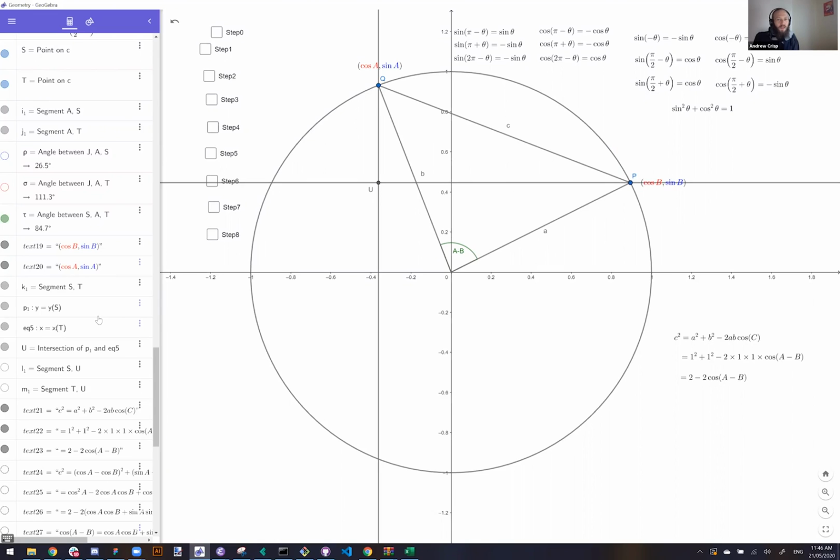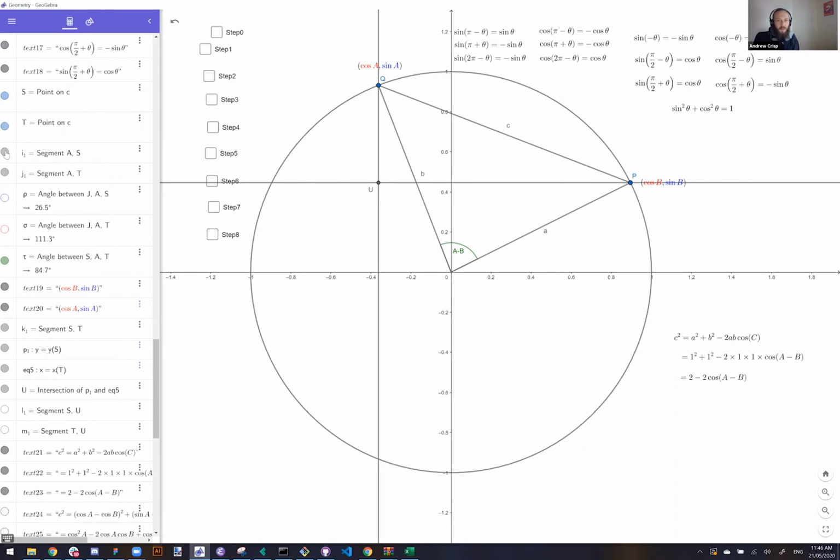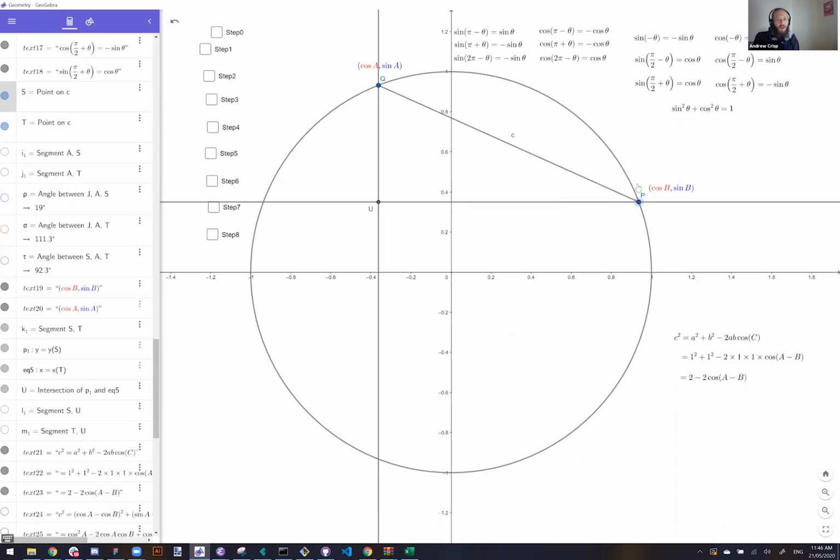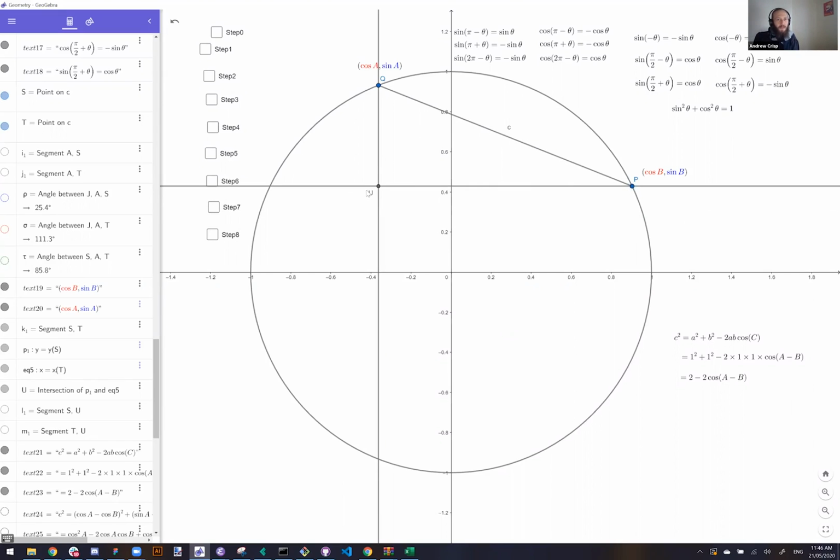And for the moment, I'm actually going to forget about some of these other segments. I'm going to get rid of this, this, and this. So those A and B and A minus B, they're all still there. But right now, what we care about is this triangle here.